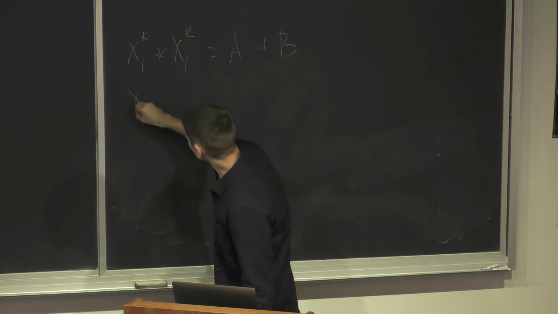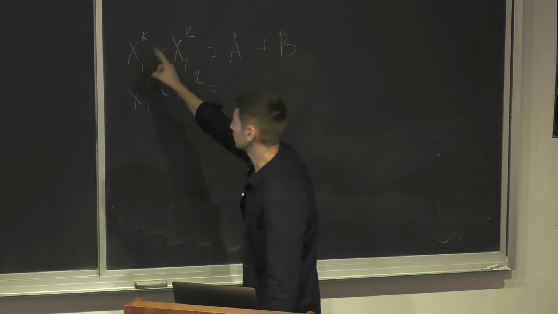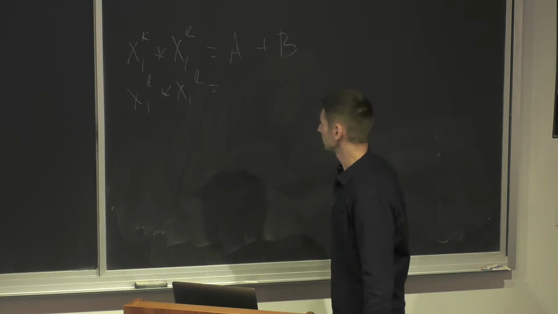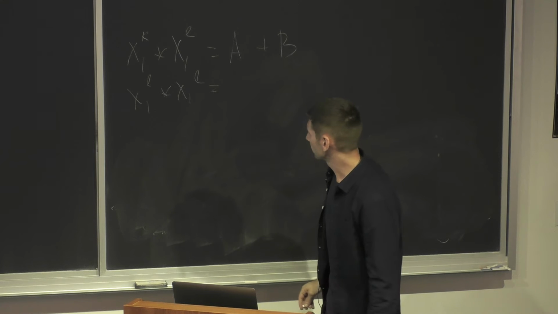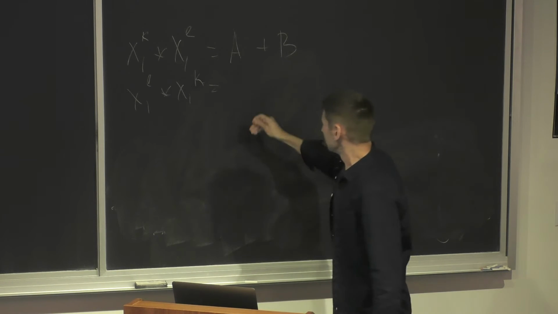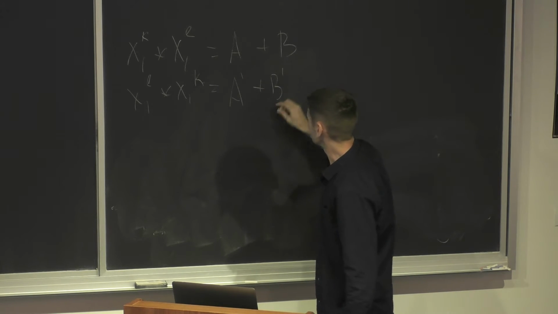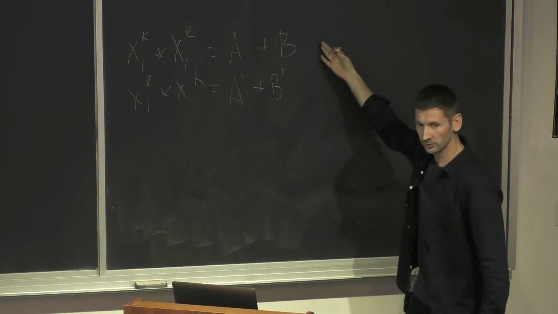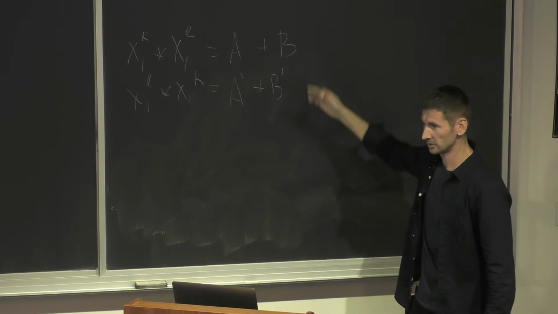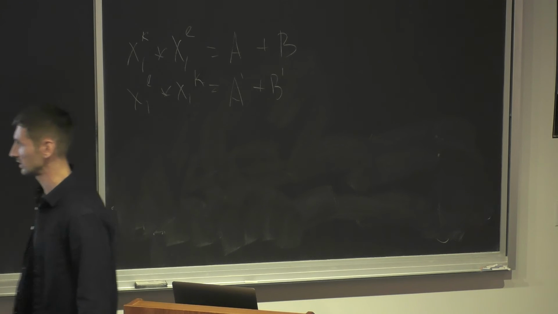Then you can calculate x1 to the power l star x1 to the power k, so the reverse. And then compare the answer. And in general, this will not be the same. So this is not a commutative product. It's actually a very, very complicated product. It's not a commutative one.